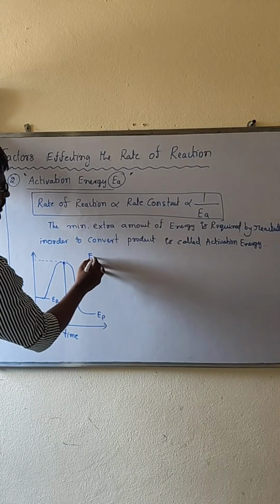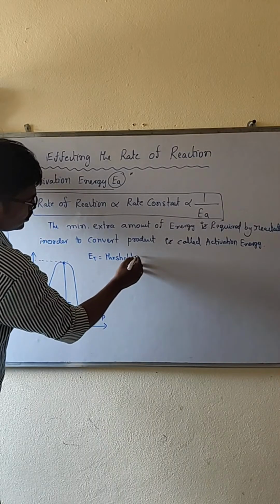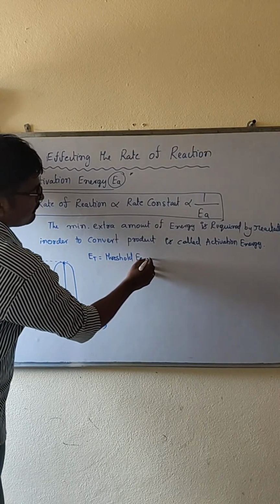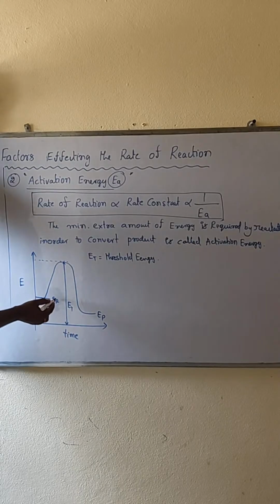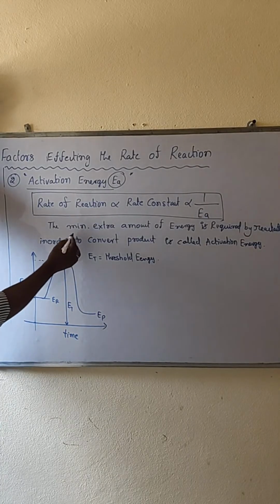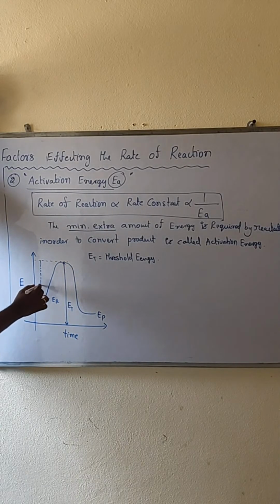Remember, ET is nothing but threshold energy. Some reactant molecules have some energy, so minimum extra amount of energy for the formation of the activated complex is what we call activation energy.